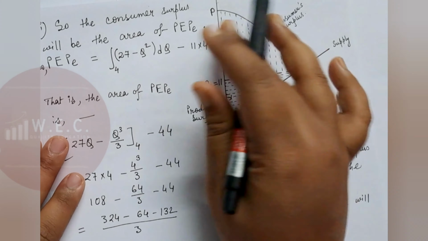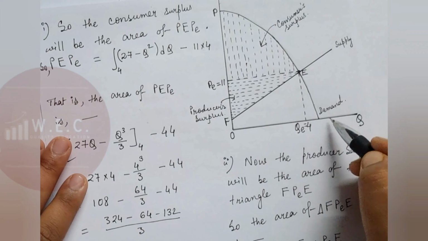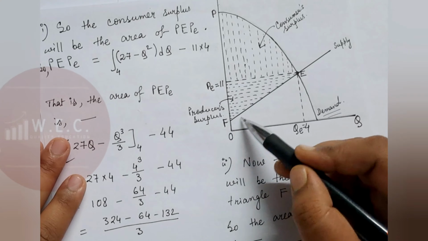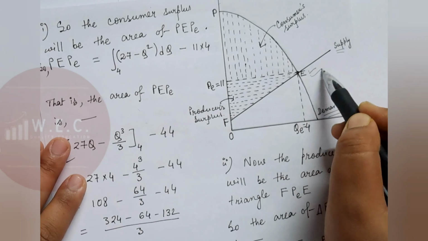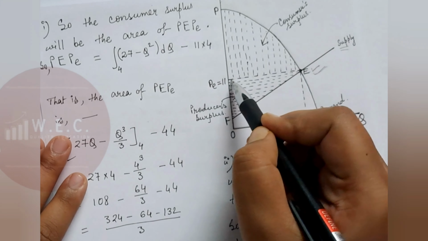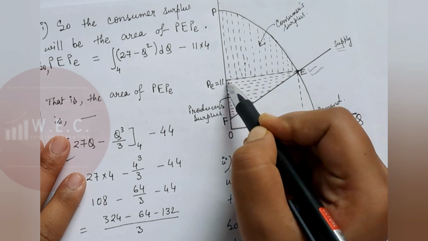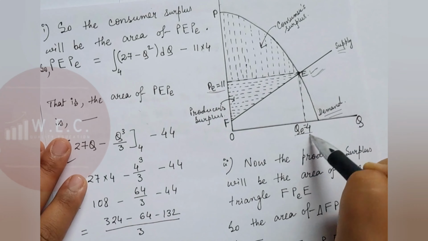Now see the diagram. Here is the demand curve, and the straight line is the supply curve, and E is the equilibrium. At equilibrium, price is PE equals 11 and quantity is QE equals 4.